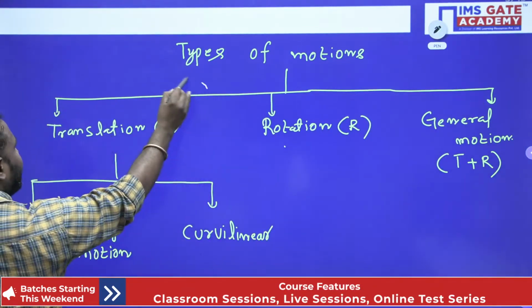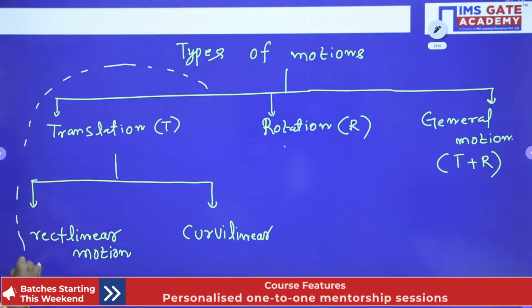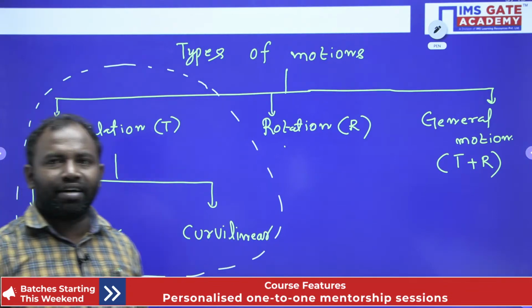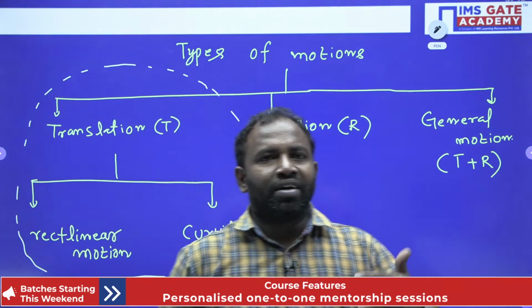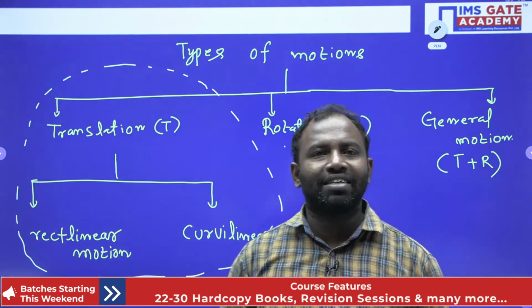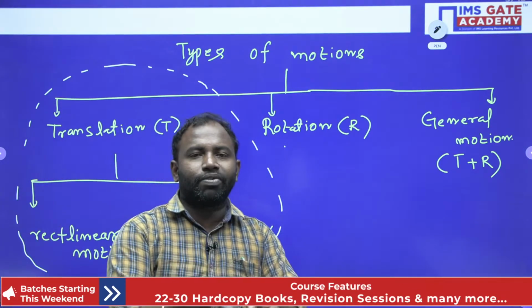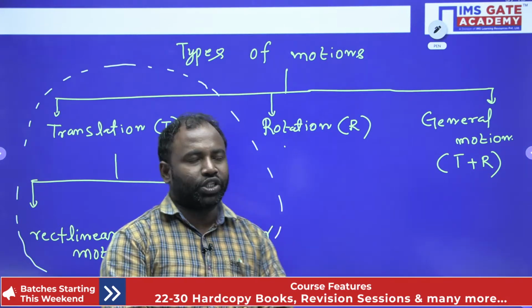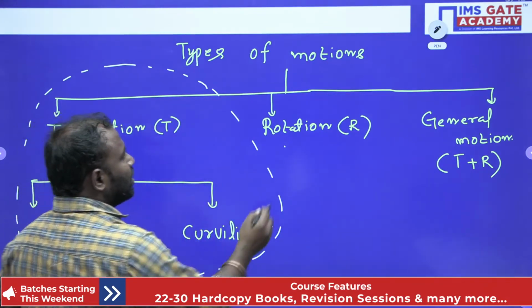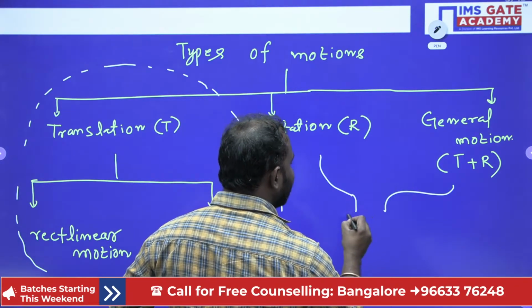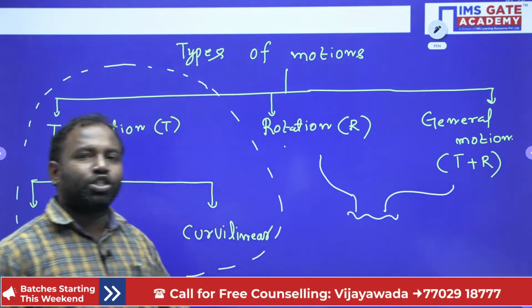When you are studying translation motion, the body is considered as a particle. A particle means the size and shape of the body will not affect the motion. Studying rotation motion and general motion comes under dynamics of rigid body.